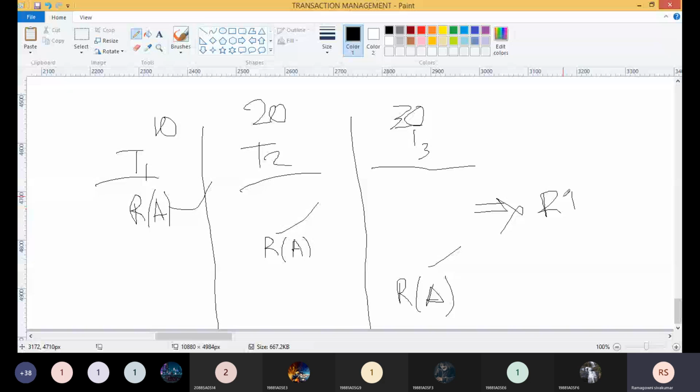What is the value? The read timestamp of a data item, the value is what? Finally 30. That is the read timestamp.